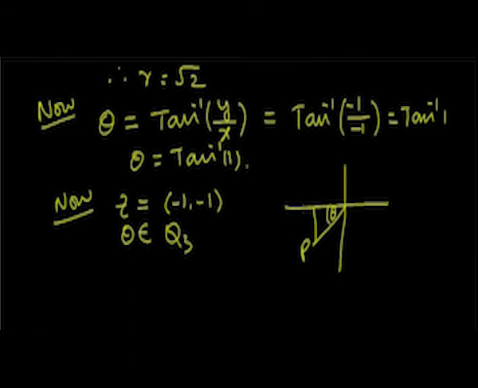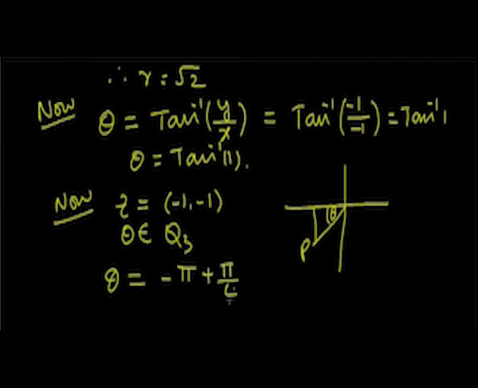So the angle should be between minus 180 and minus 90. So tan 45 degrees, pi by 4, is 1, but pi by 4 will be in the first quadrant. We have to find the angle such that it belongs to the third quadrant. And remember that the angle should be minus 180 plus 45.